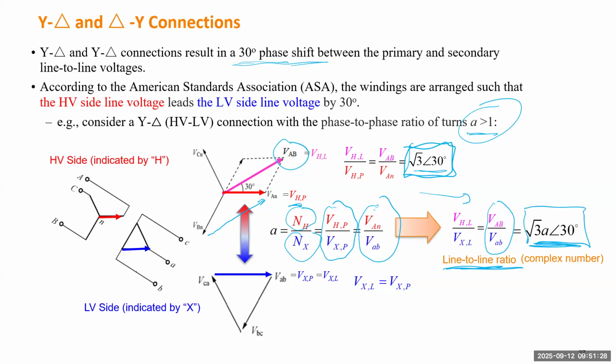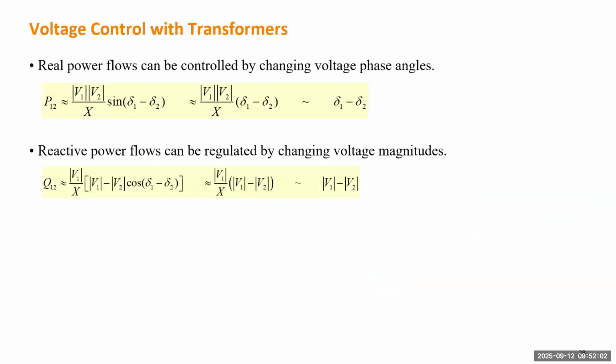So this number will be the new ratio for this Y to delta connection transformer, and so it is a complex number. Okay, so we'll need to deal with this complex number later in the power flow analysis section. We'll come back to this complex number again to discuss how it can influence the calculation of complex power flow.